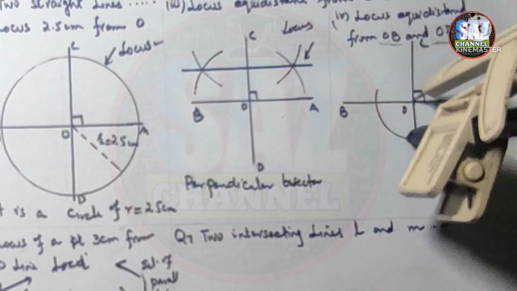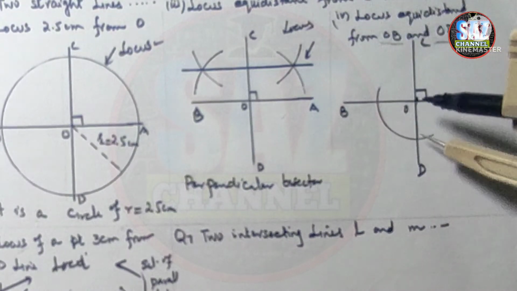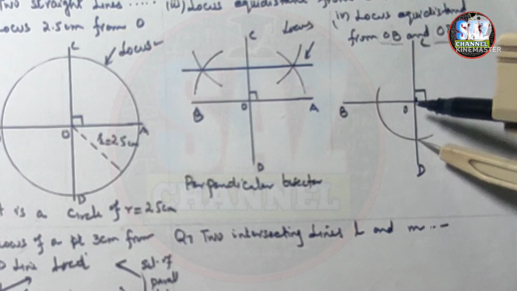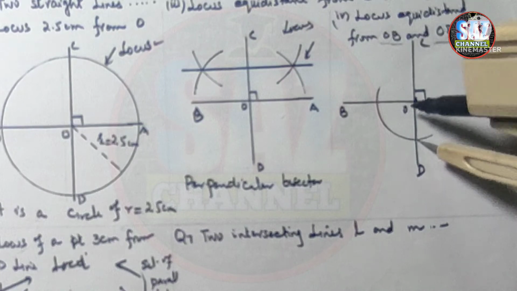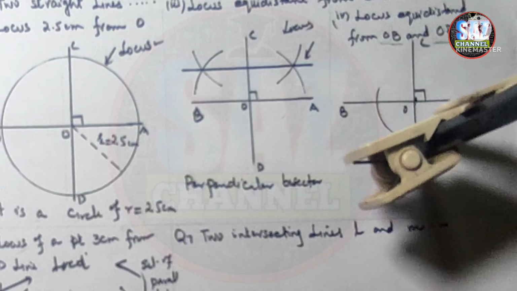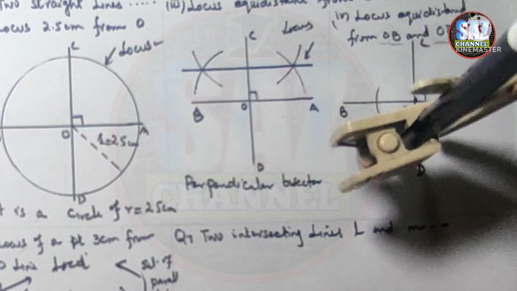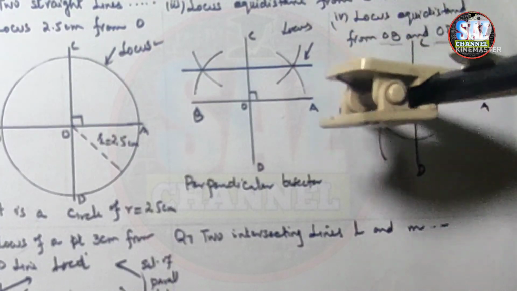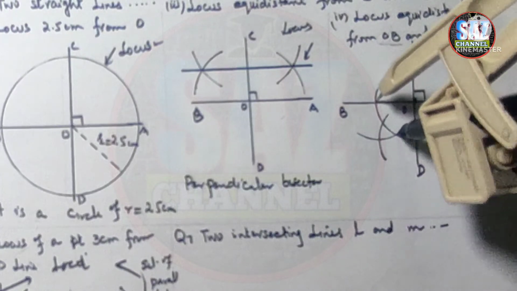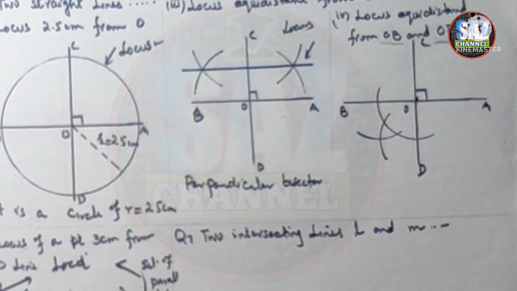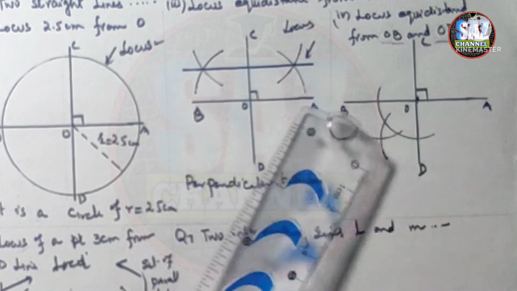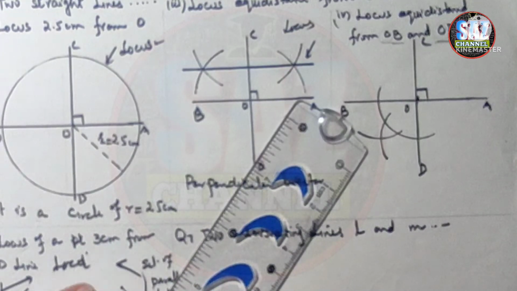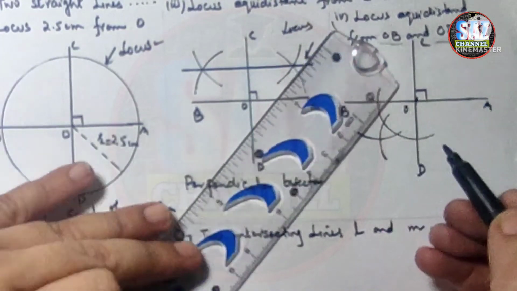With the same open compass, take the point of intersection of this arc and the angle arm and draw an arc in the angle region, and repeat the process with the other point of intersection. Again you will have a petal-type formation, and you have to pass the line through this point and join it to the vertex of the angle.